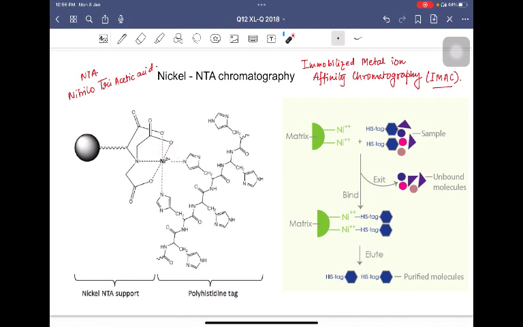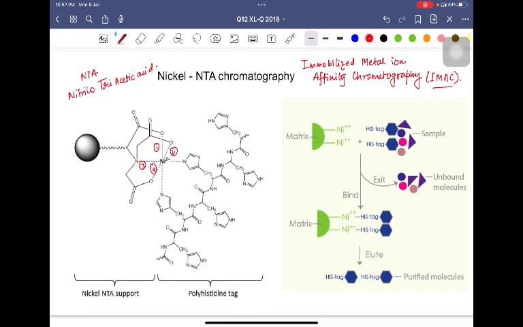On these three acetic acid moieties, this is joined with a nickel atom. We know the nickel atom can form six coordinate bonds. Among them, four coordinate bonds join the nickel atom with the NTA support, and two of its coordinate bonds are free.